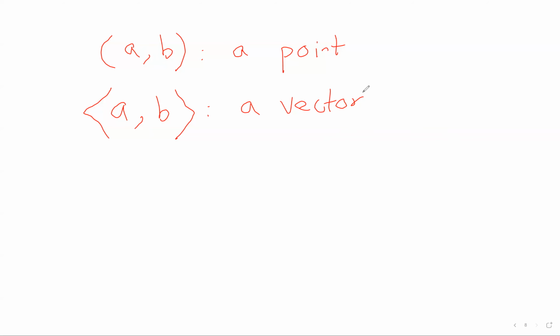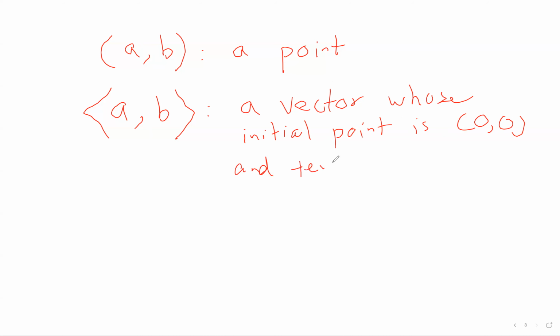The end point is AB, I'm sorry. This is a vector whose initial point is 0, 0, and terminal point is the point AB.